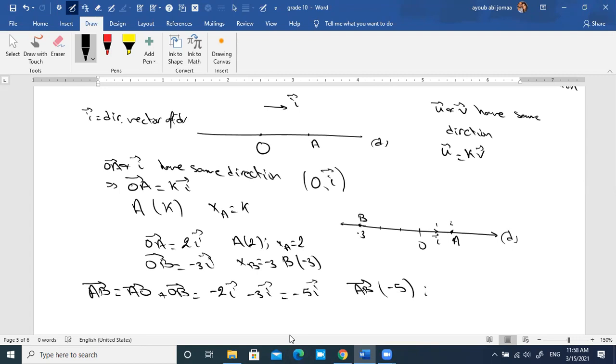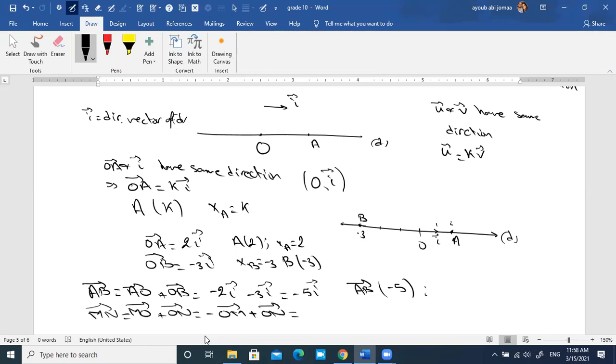And here, as you can see, in general, if you have two points M and N, it is MO plus ON, which is equal to negative OM plus ON.